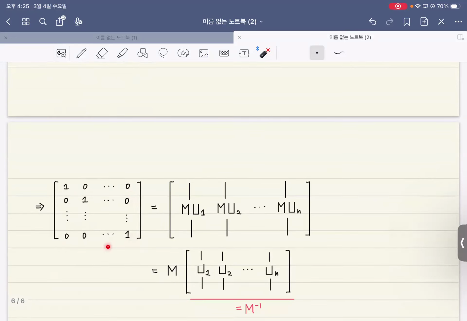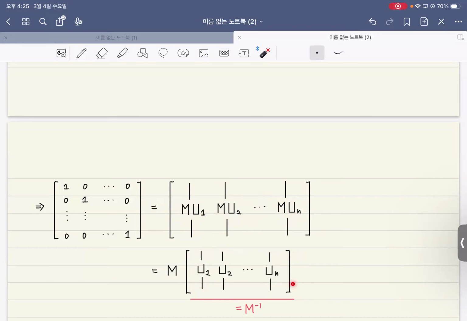So this can be written like this. There is some logic jump in this case, but I hope you understand that you can somehow factorize this as the matrix M times this matrix.